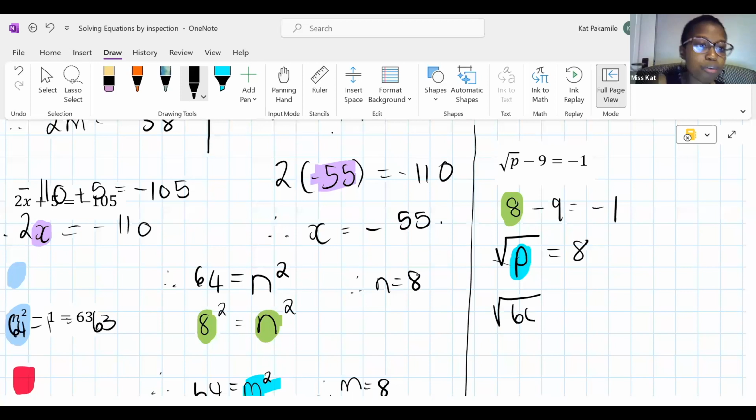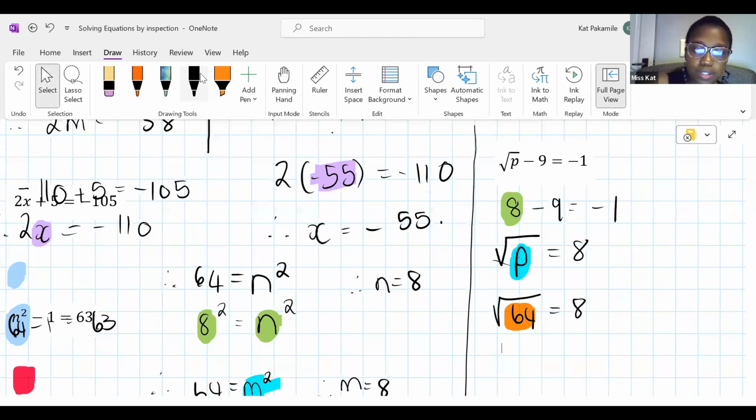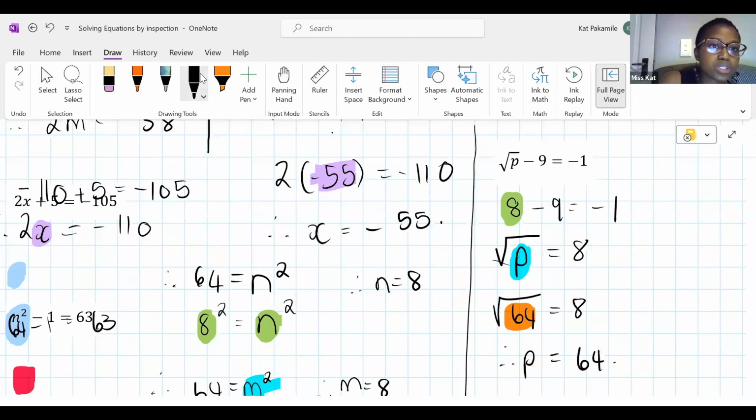So therefore, P is in fact equal to what? What is P actually equal to? 64, guys. See? The one under there. So therefore, P is equal to 64.